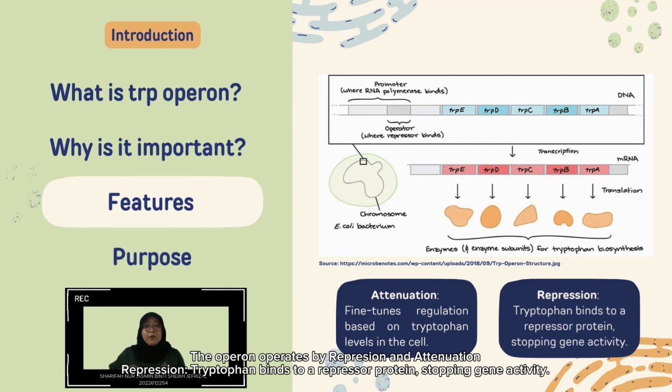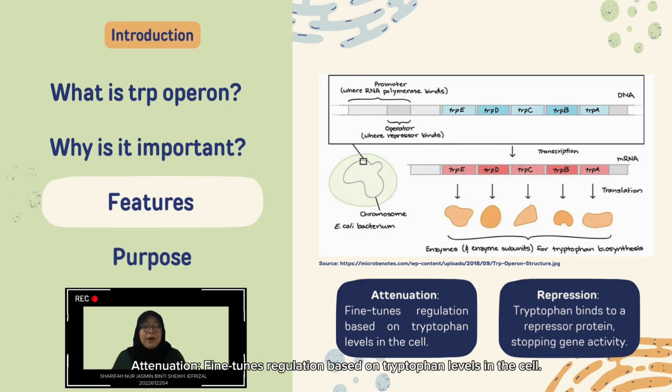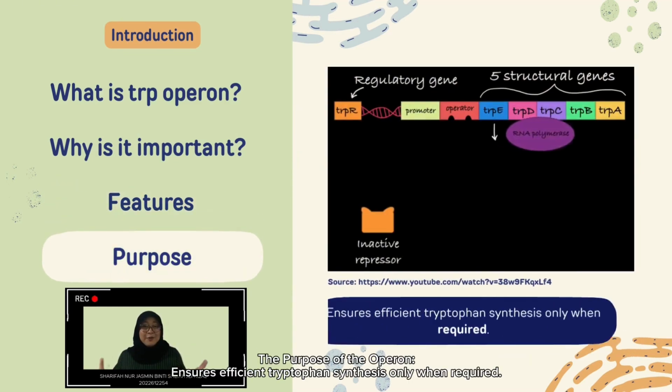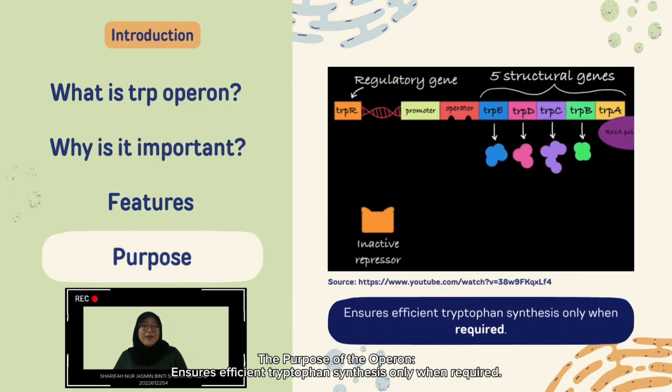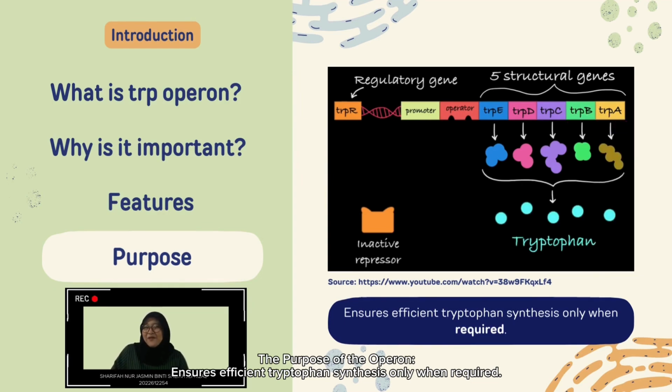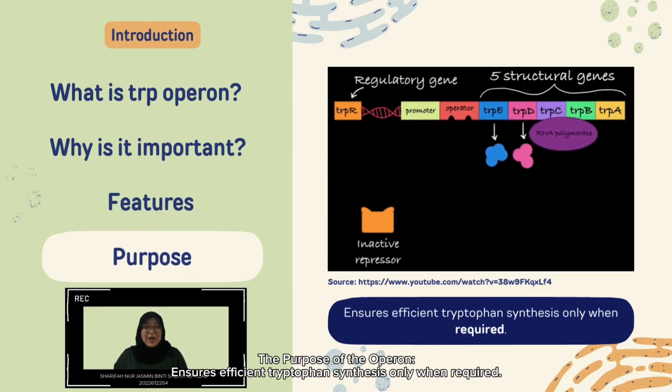Repression is when tryptophan binds to a repressor protein that can stop gene activity, whereas attenuation is a fine-tuned regulation based on the tryptophan level in the cell. So, the purpose of the operon is to ensure efficient tryptophan synthesis only when it's required.